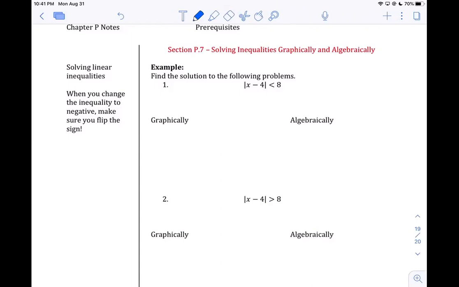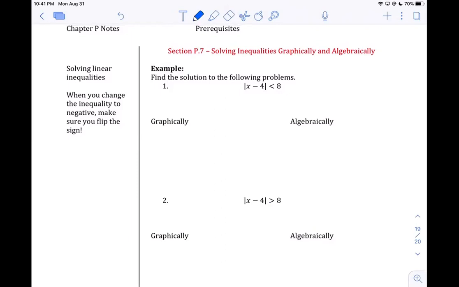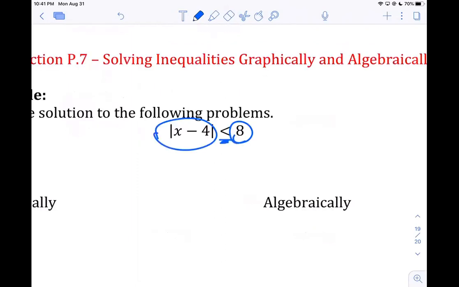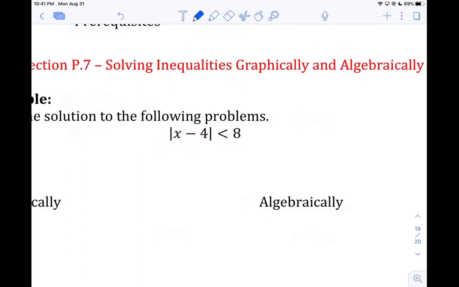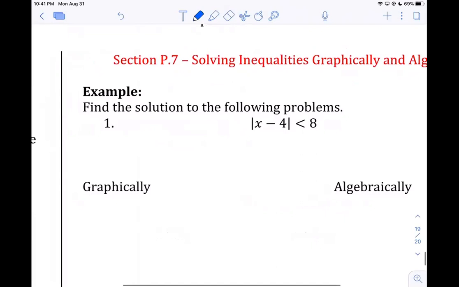All right, so the first thing is we have this part smaller than this part. Okay, so lagging a little bit. Okay, so this absolute value part is smaller than 8. Okay, what does that actually mean?